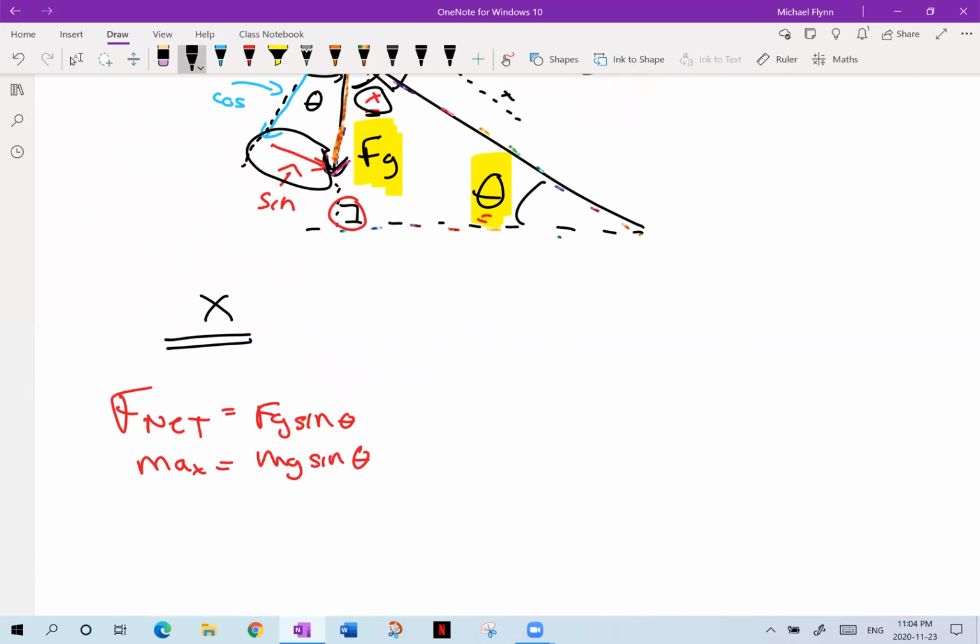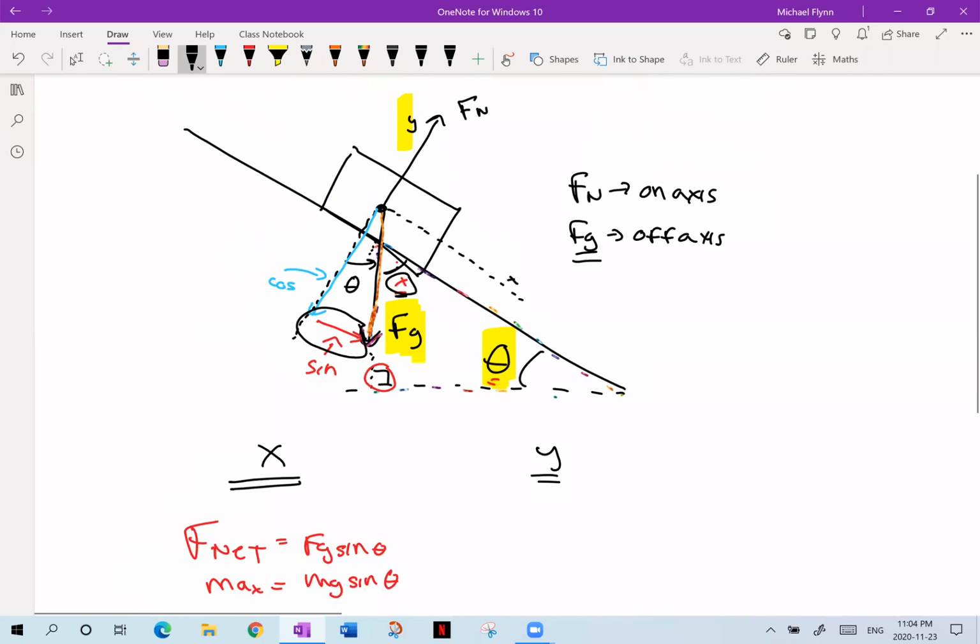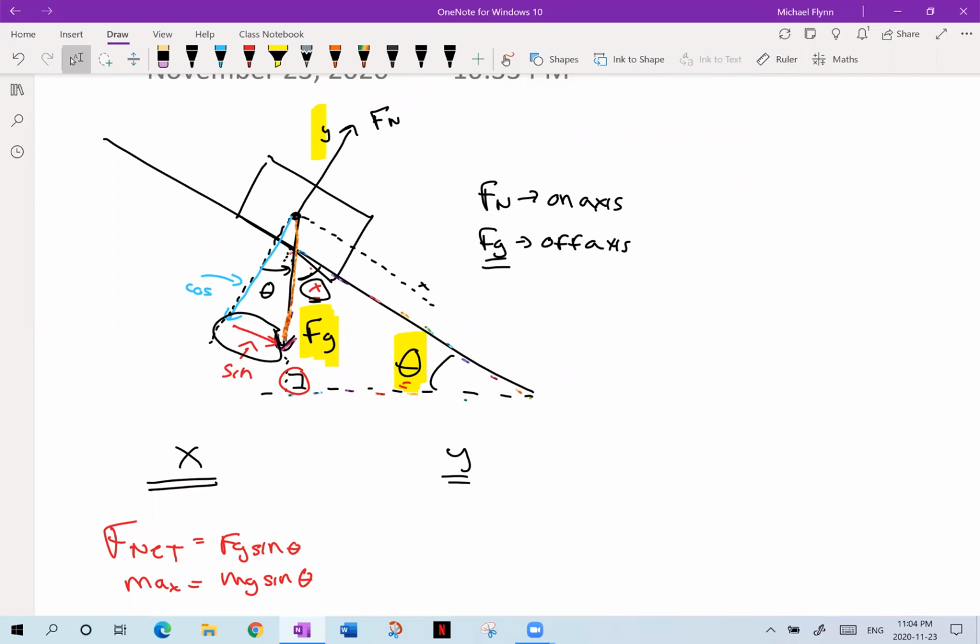Now in the y direction, let's take a look at our diagram again. There are two forces in the y direction. There's the normal force, which I'll highlight for you here. And then there's also the blue vector, which is the cosine component of gravity. Well, those vectors are equal and opposite, and so they're going to cancel each other out. Now I'm going to write this in blue.